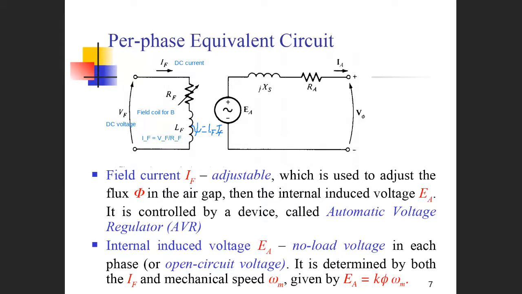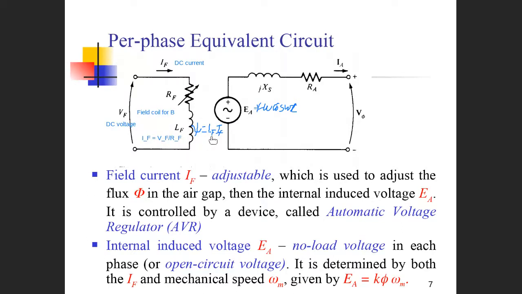So on the stator side, due to this magnetic field, big phi, the flux linkage changes with a cosine rate.